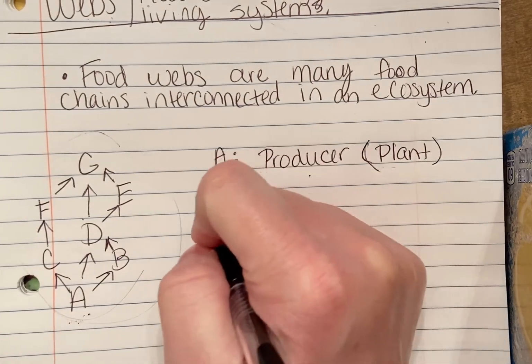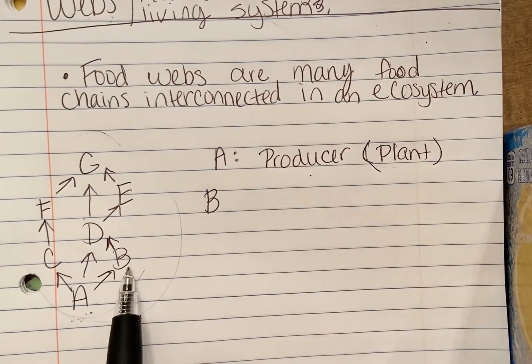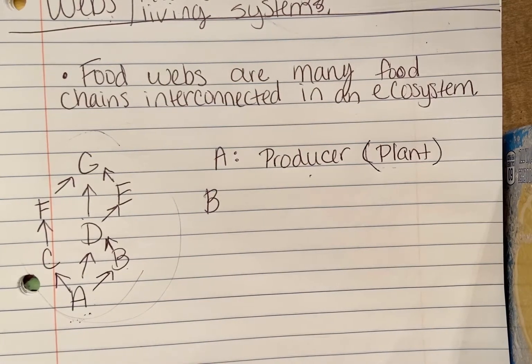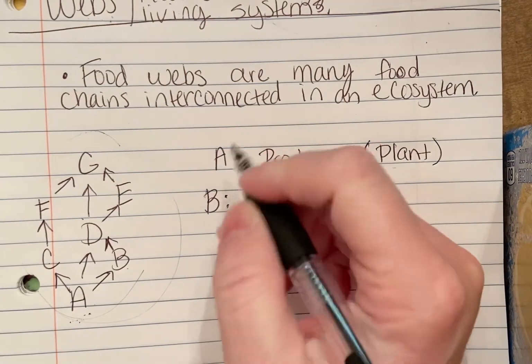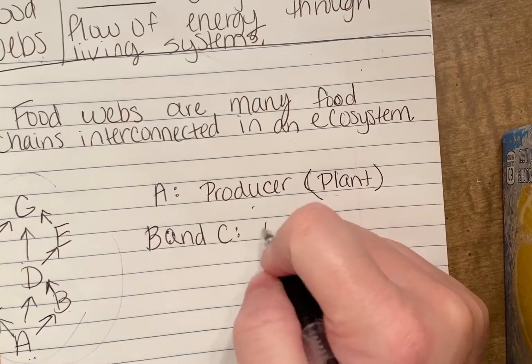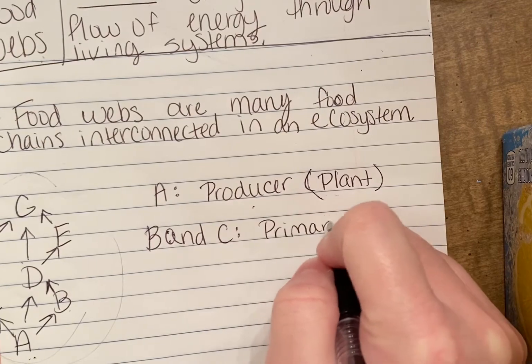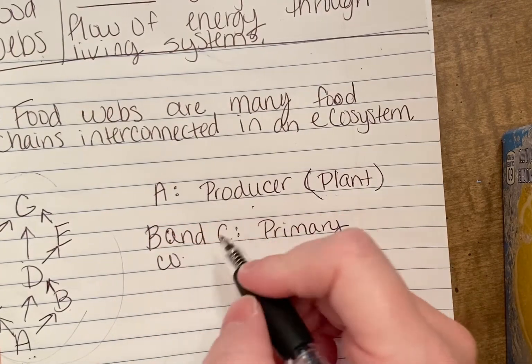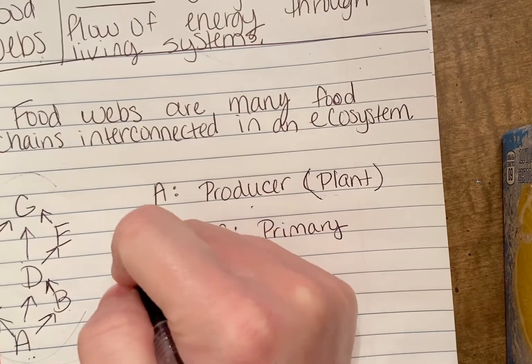Let's look at B and C. How do I know? B and C are primary consumers. That looks weird, so I'm going to fix that.